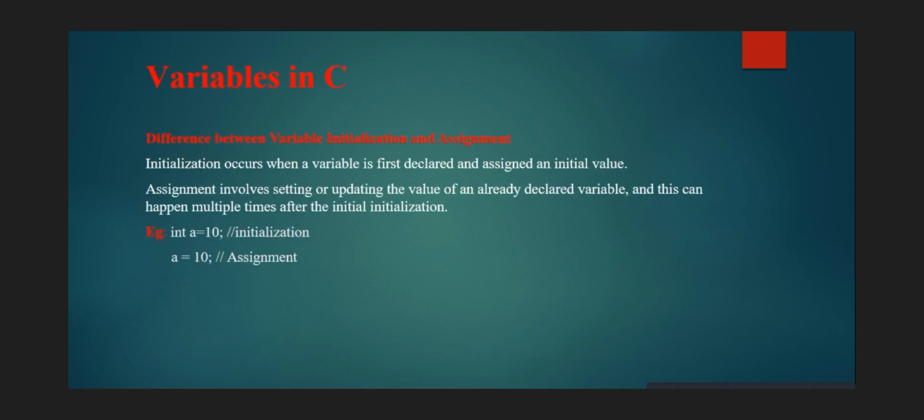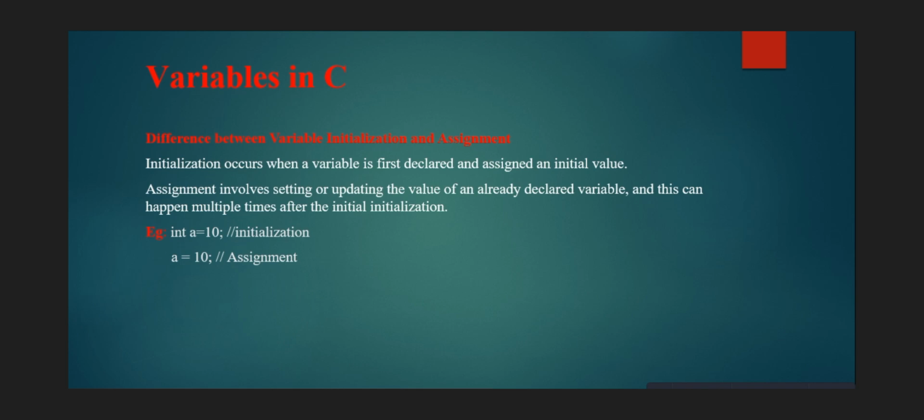Next, the difference between variable initialization and assignment. Initialization occurs when a variable is first declared and assigned an initial value. Assignment involves setting or updating the value of an already declared variable, and this can happen multiple times after the initialization.